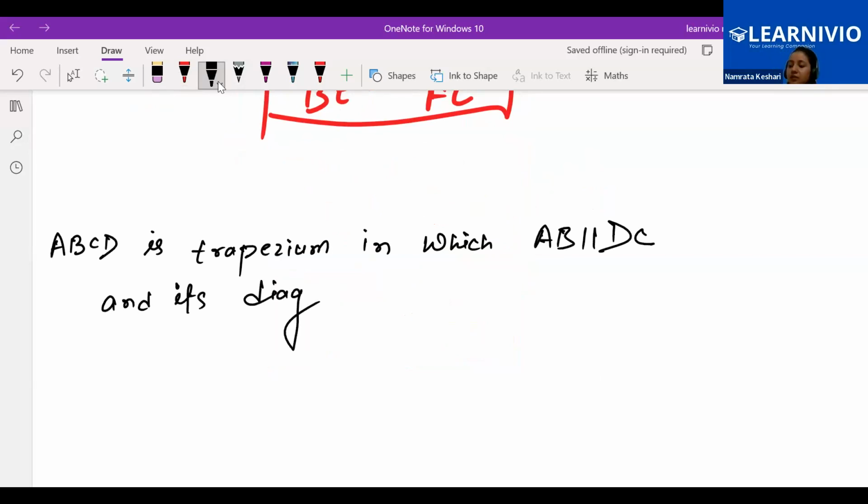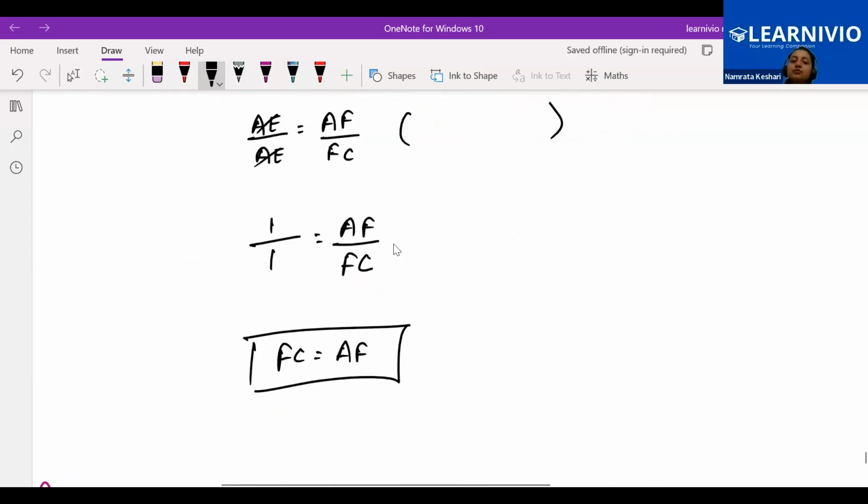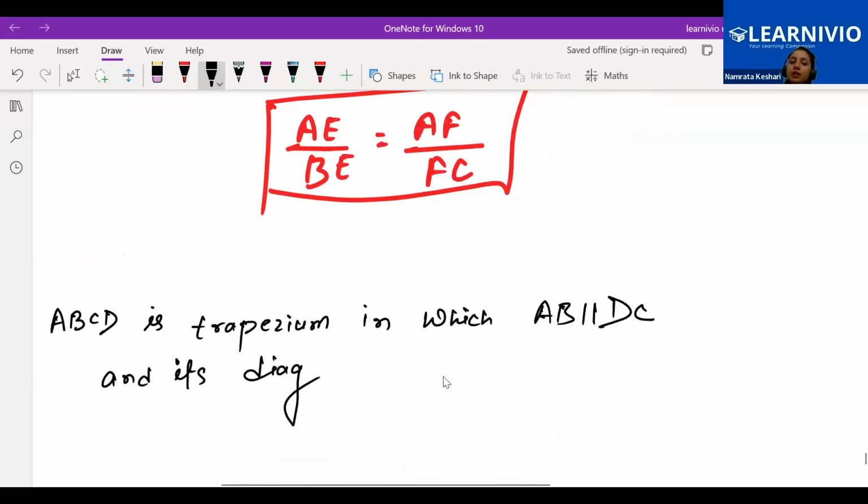See, in the previous two theorems, I have shown you how we are supposed to prove it, but you must arrange it properly and write which theorem you are using.